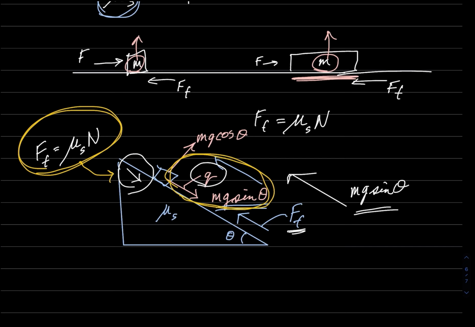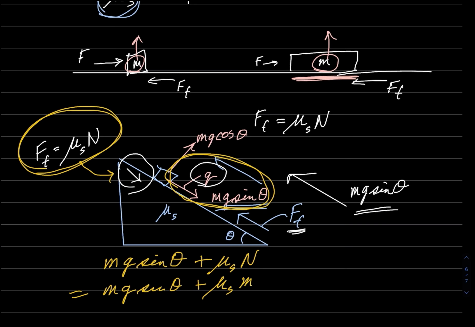So what kind of force do we have to apply? The gravity component is mg sine theta, and the friction force that can be generated against us is mu sub s times the normal force, and that equals mg sine theta plus mu sub s times the normal force, which is mg cosine theta. And that's how hard we will have to apply a force to that mass to get it to move up the wedge.